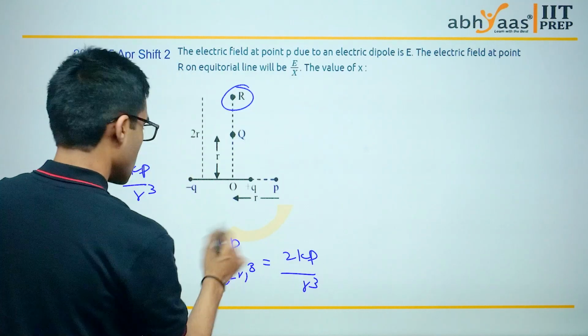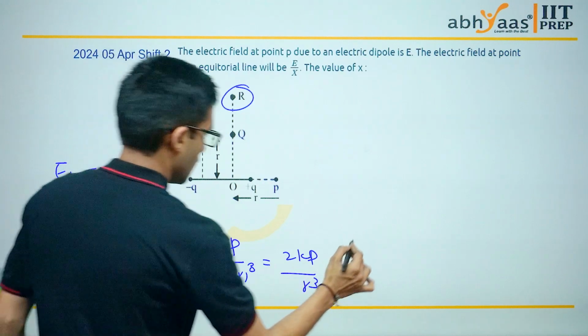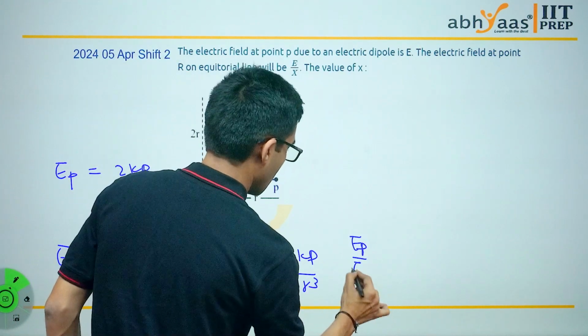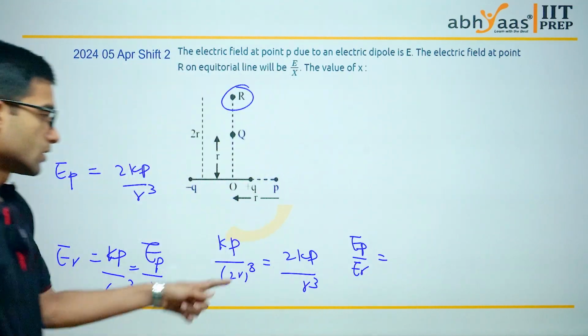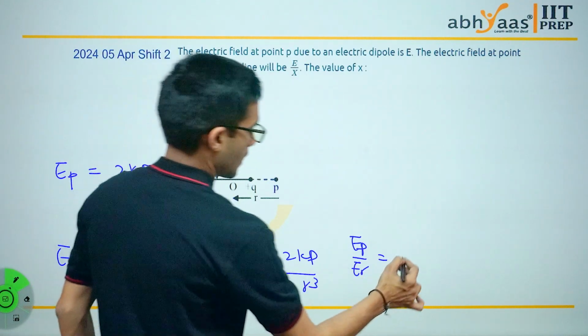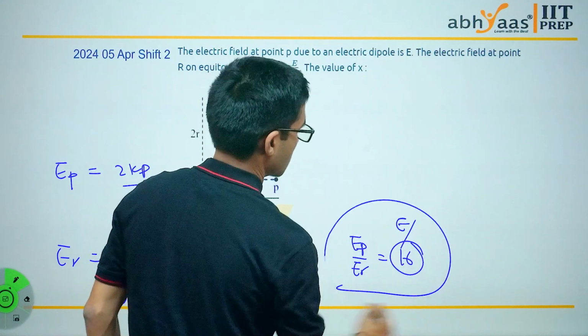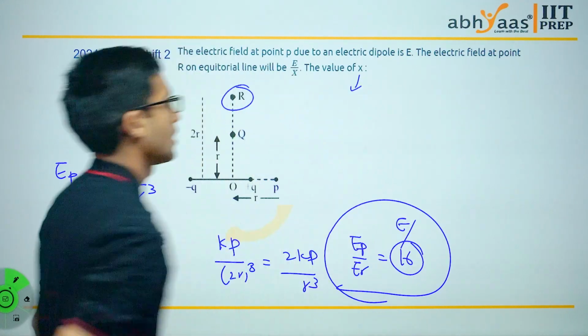So then EP by ER is what you need to calculate. Finally, if you calculate EP by ER, you will see this is in the denominator, 2 cube. So finally you will get E by 16. So this is the answer. X equal to 16 is the answer.